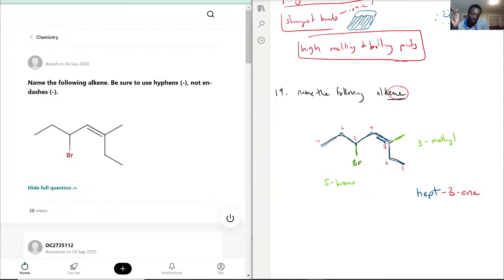Now, here's the trickiest part, in my opinion, about how to order them. My first instinct would be to put 3-methyl-5-bromo, but that would actually be incorrect.